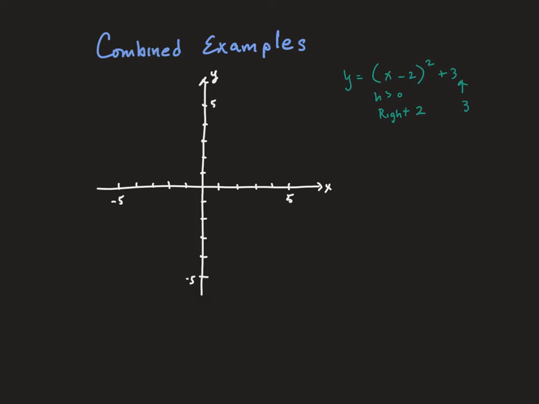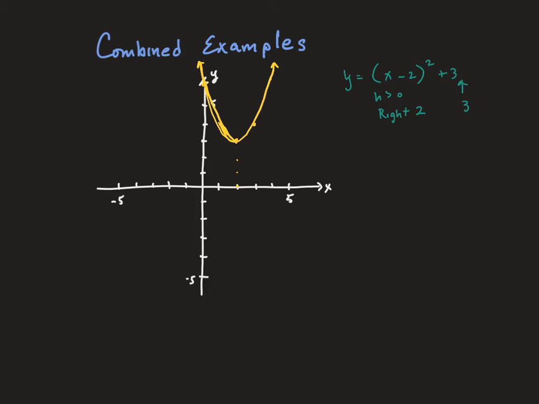So we start off at our original function, and we're going to go right 2, up 3, 1, 2, 3, and then we have our parabola forming. There you go. Looks something like that.